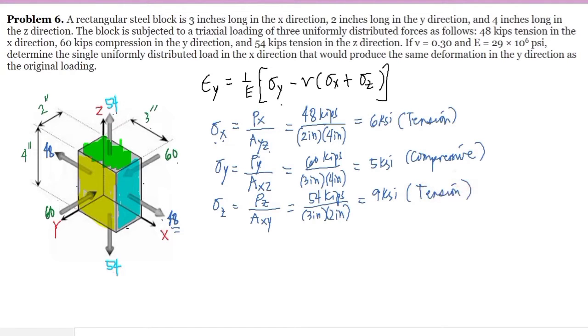We need to consider these values so we can substitute them into our formula. So we have the strain in Y equal to 1 over the modulus of elasticity.